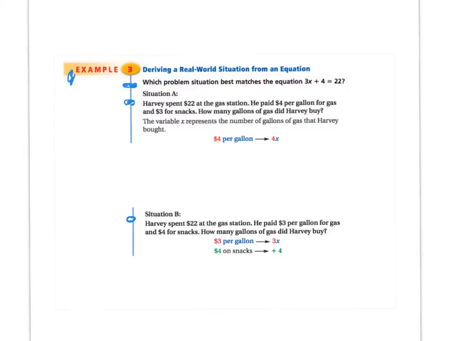So we can see for situation A, Harvey spent $22 at the gas station. He paid $4 per gallon for gas and $3 for snacks. How many gallons of gas did Harvey buy? So here we need to take x, which is representing the number of gallons of gas that Harvey bought, and multiply it by 4.